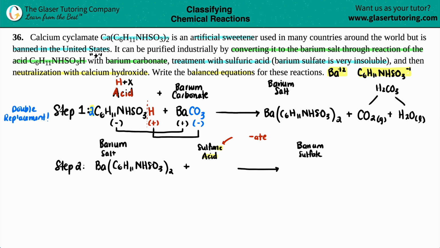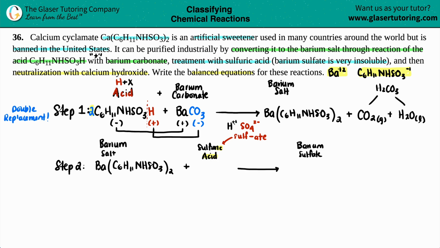So sulfuric acid comes from sulfate. And sulfate is SO4 2 minus. It's a polyatomic. And since it's an acid, we know that we have to have that H in the front. And H being a +1 is going to be the acidic component.